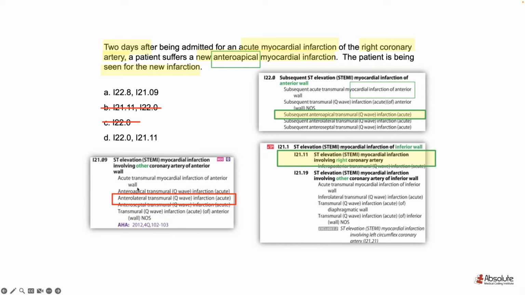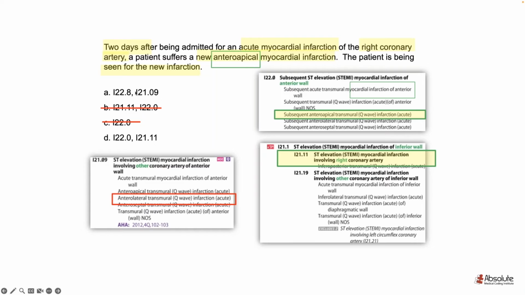Excuse me, we are coding for the recurring anteroapical, not the acute one, not the first one. So that's why I21.09 is incorrect. And it's also sequenced wrong too.